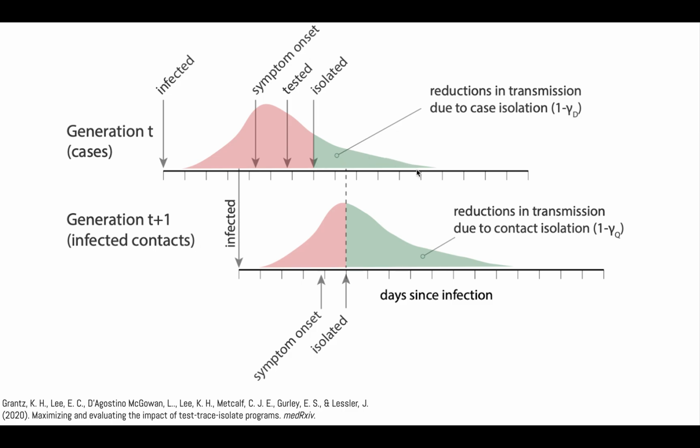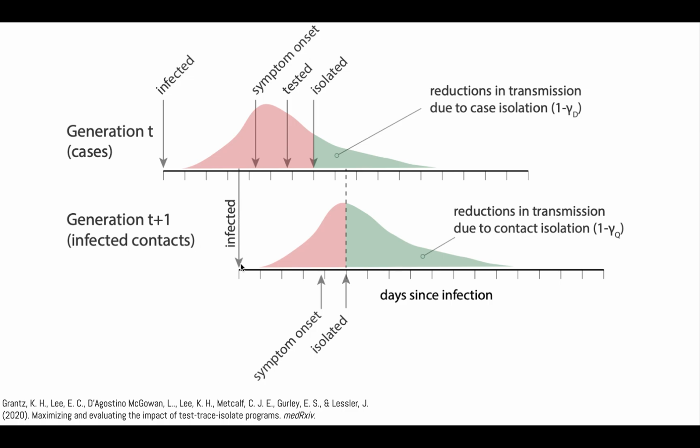And so this area down here, folks that would have been infected if this person were still out in the community, are no longer infected under this circumstance. And so that effective reproductive number is reduced. Then looking at the next generation, that would be an infected contact, someone infected by this initial case at time t, for example someone that ends up in quarantine.